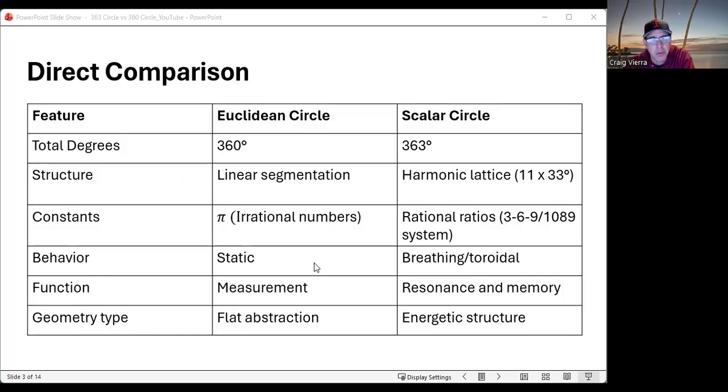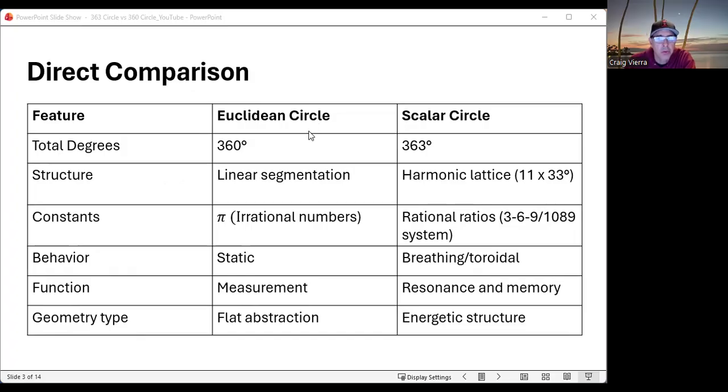The 360 degree system can be broken into any increment you desire. It's divisible by 1, 2, 3, 4, 5, 6, 8, 9, 10, and 12. This means you can break it into increments of 15 degrees, or 30-degree increments, or 45-degree increments.